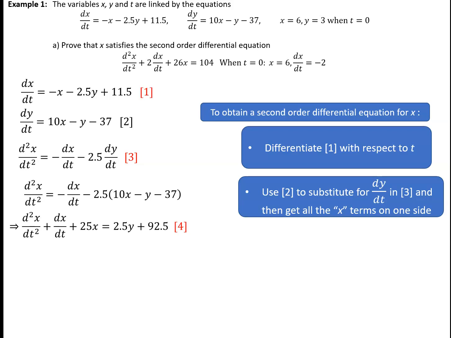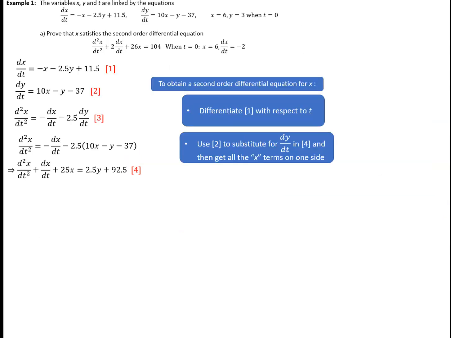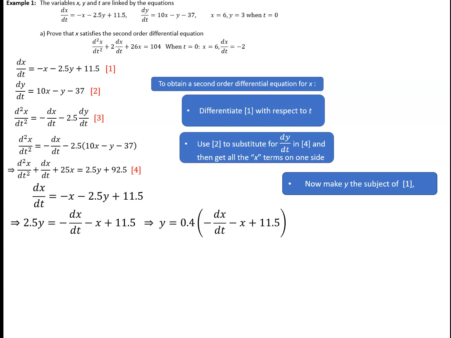Now at the moment we've still got y appearing in equation 4, but we can get rid of that by using equation 1. So looking at equation 1, equation 1 tells us that dx by dt is minus x minus 2.5y plus 11.5.